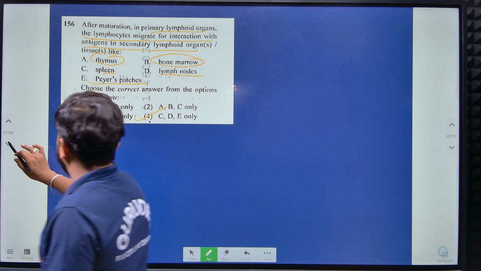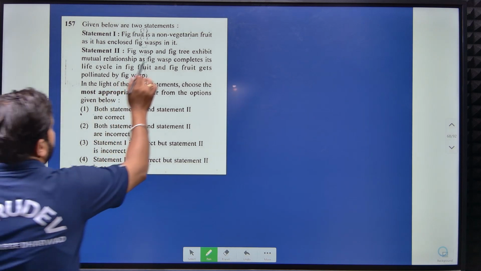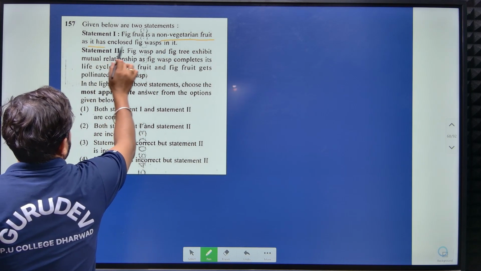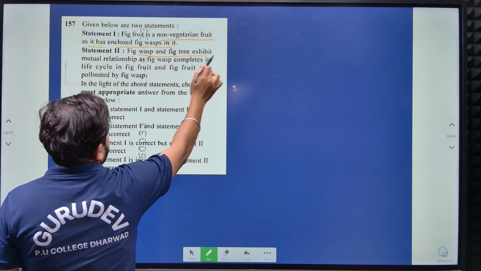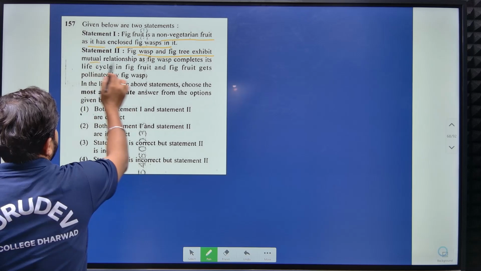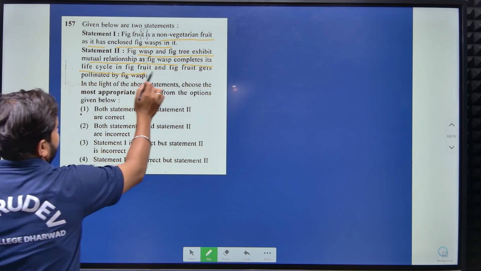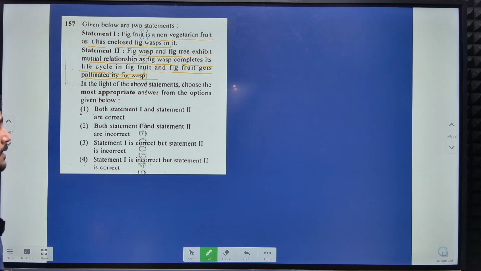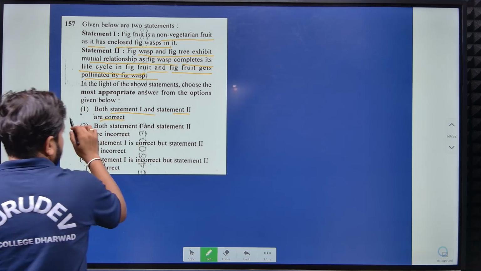Then moving to the next question, that is statement based. Fig fruit is a non-vegetarian fruit, as it has enclosed fig wasps in it. Then fig wasp and fig tree exhibit a mutual relationship, as fig wasp completes its life cycle in fig fruit and fig fruits get pollinated by fig wasps. So here statement 1 and statement 2 are correct.